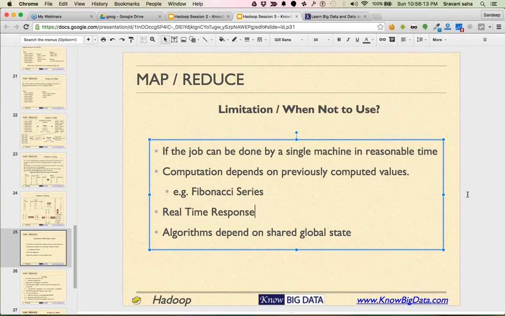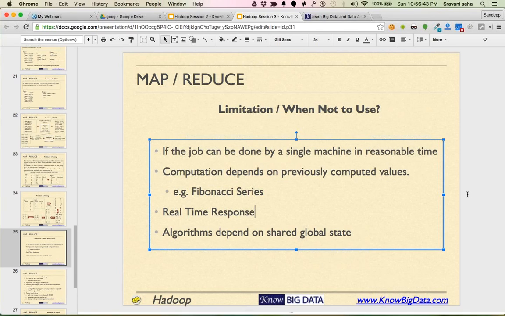Second, you do not use MapReduce if the computation depends on previous steps. For example, let's say you want to compute the Fibonacci series. In the Fibonacci series, the next value is generated based on previous values.